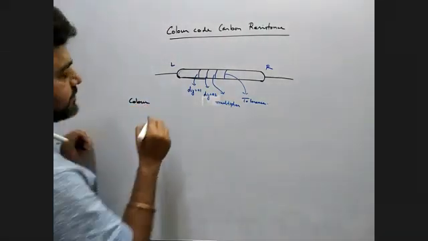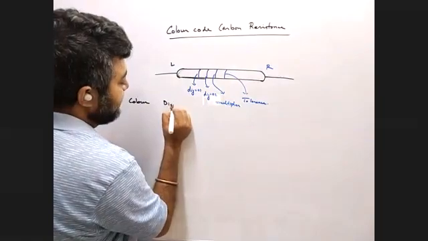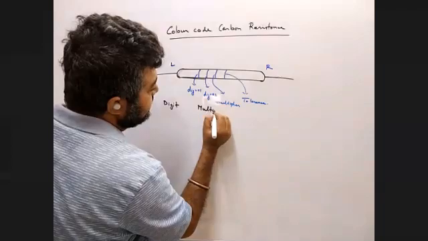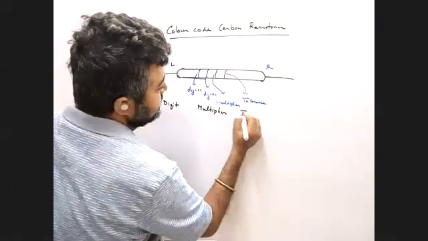Now color, digit, multiplier, tolerance.